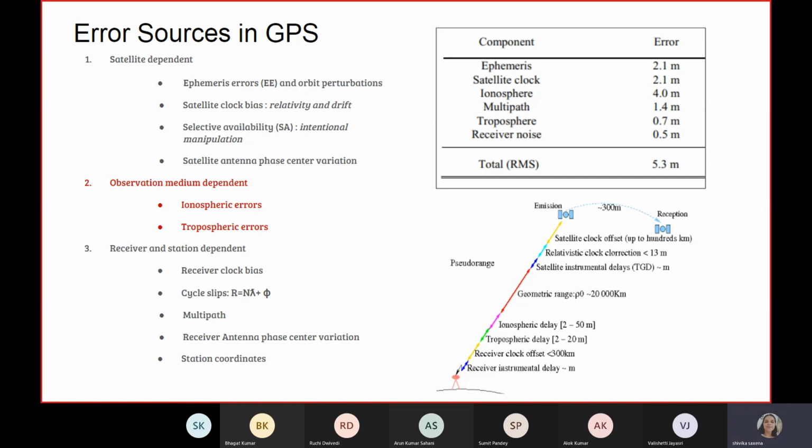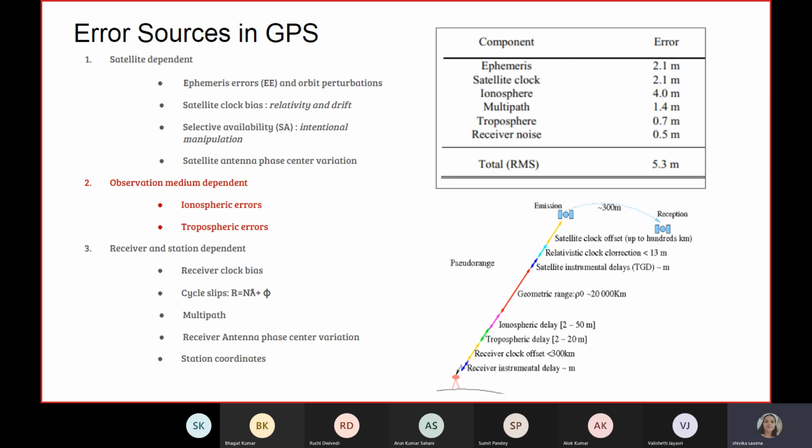First category is satellite dependent. Next category is while the signal is traveling through atmosphere from satellite to the receiver, it is going through observation medium, through which some delay is happening. And the third category is when the signal is received at the station, some errors are induced.